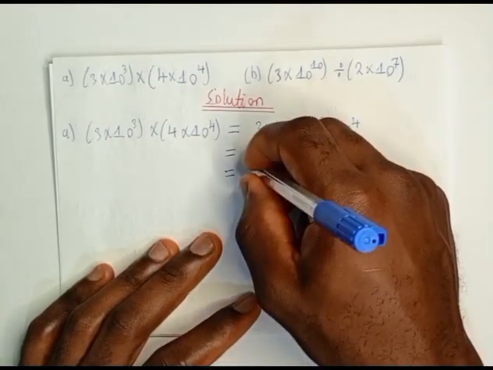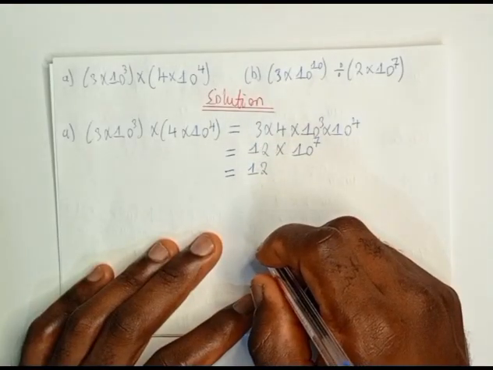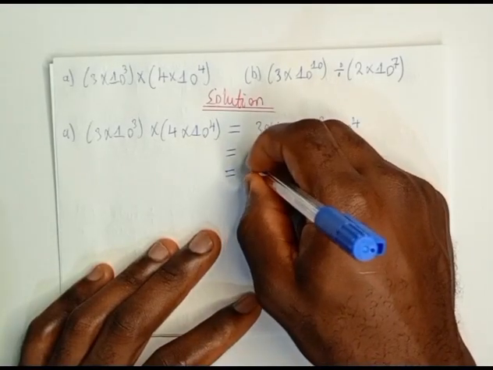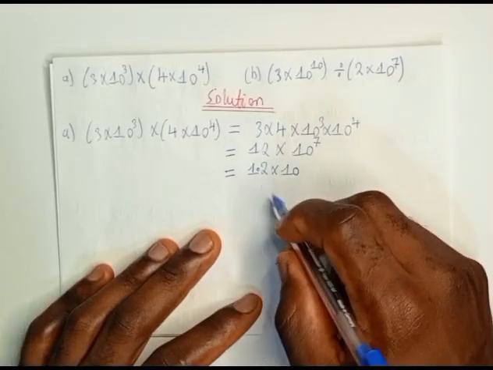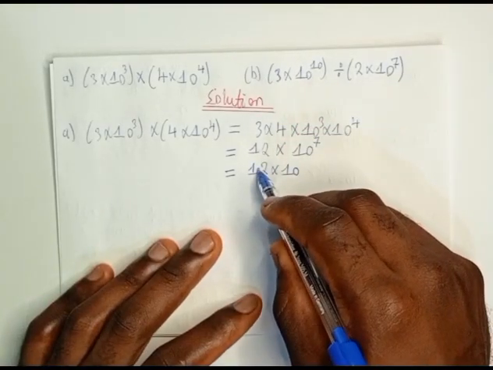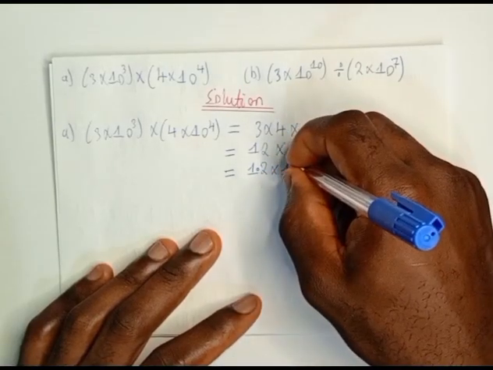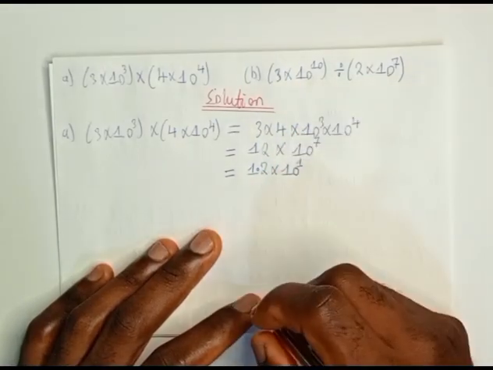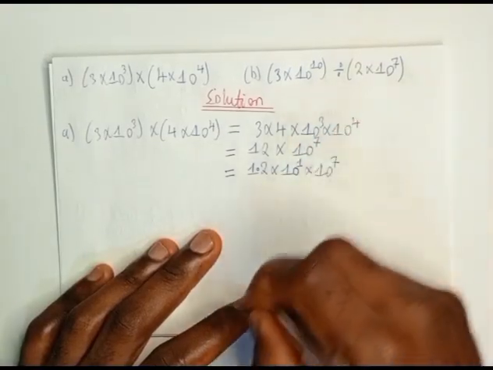Expressing the number 12 in standard form, write down the number. We fix our decimal point after the first non-zero digit. We multiply by 10 raised to the power of the number of digits to the right hand side. We have just one digit, so times 10 raised to the power 1, times 10 raised to the power 7.